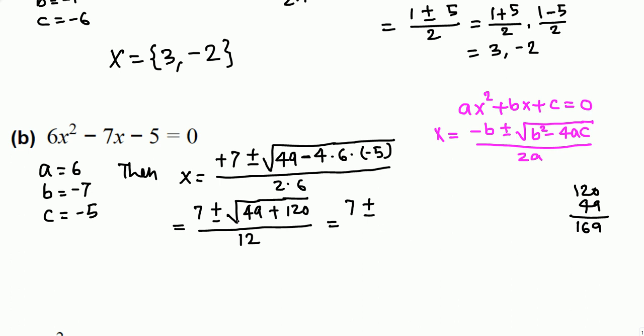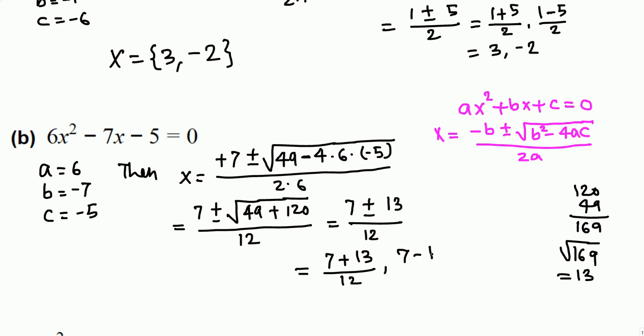And now the square root of 169, use your calculator, is 13. So we have 13 over 12. Now we take positive one time, negative the other time. So 7 plus 13 over 12, comma, 7 minus 13 over 12.